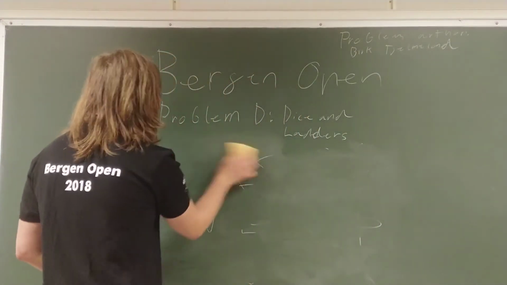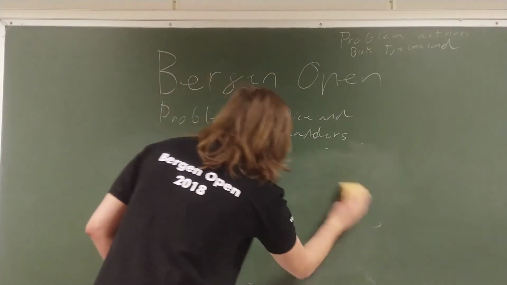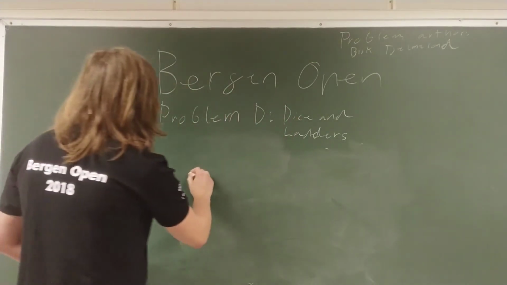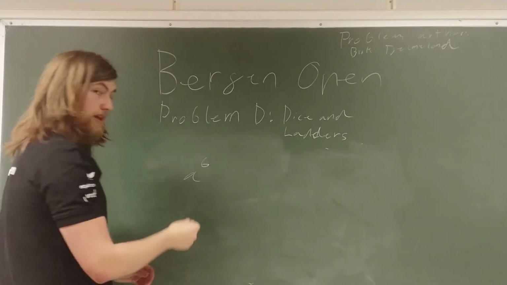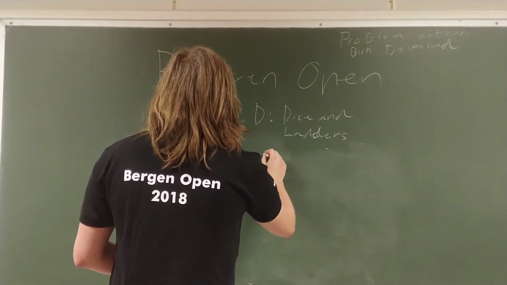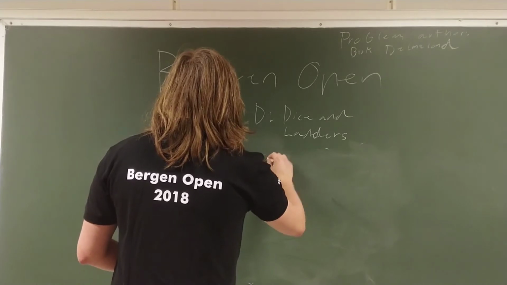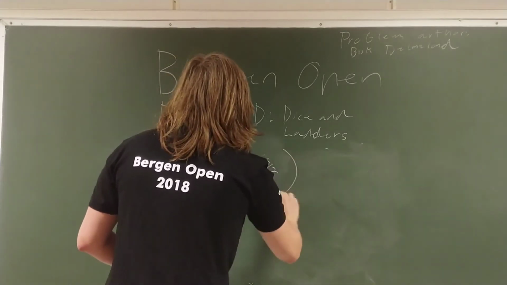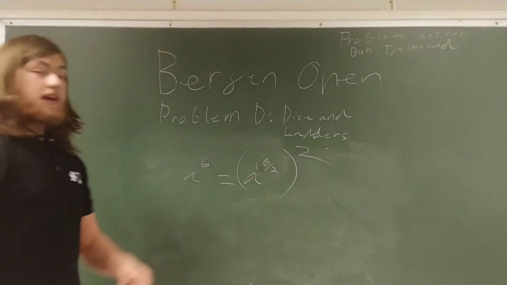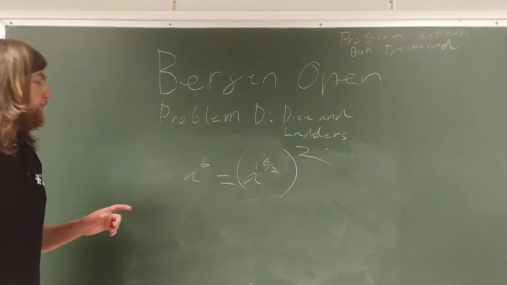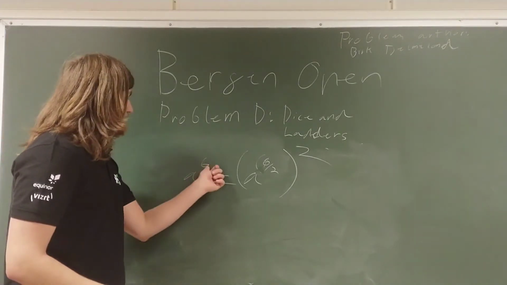So what we do is utilize the nice identity that a to the b is also equal to a to the b over 2, squared.